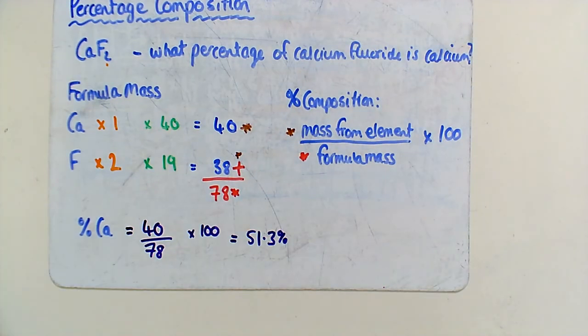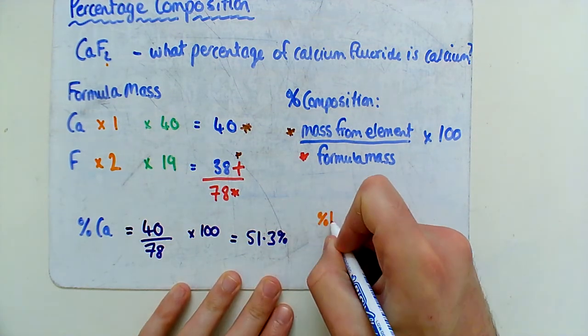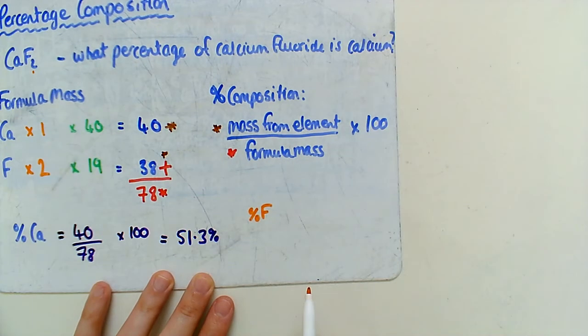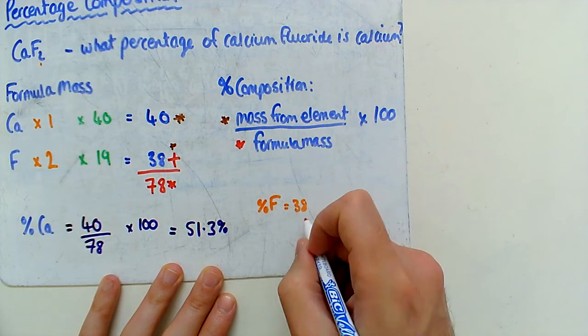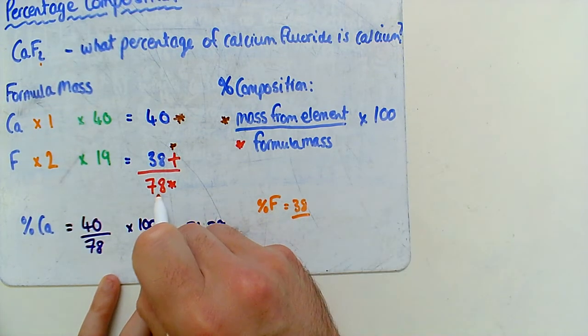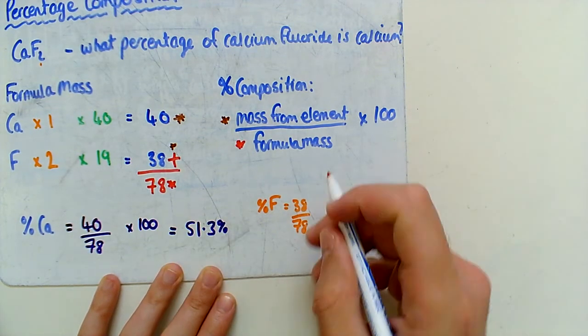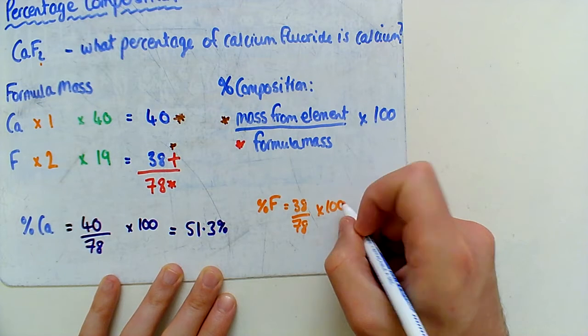If now I do it for fluorine, percentage fluorine is going to be 38 divided by 78, and then multiplied by 100.